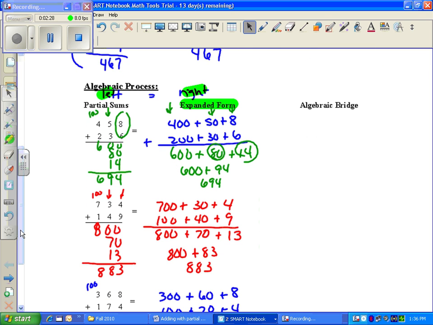Before I use my algebra, I have to convert. I must take this and write it in terms of the x being a 10 and the x squared equivalent to 100.